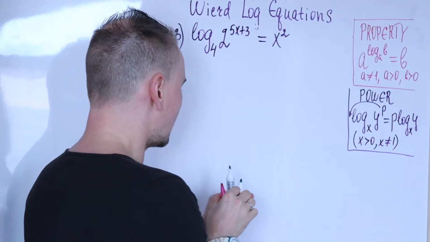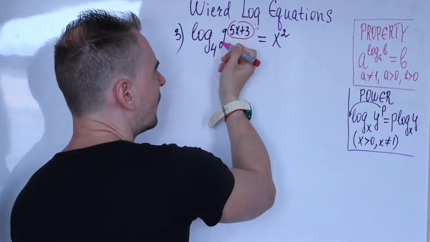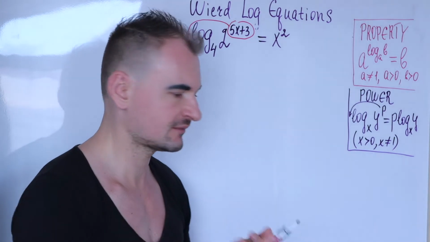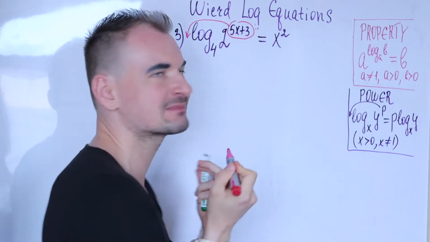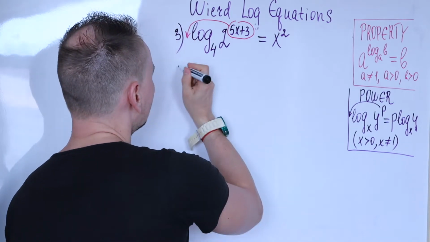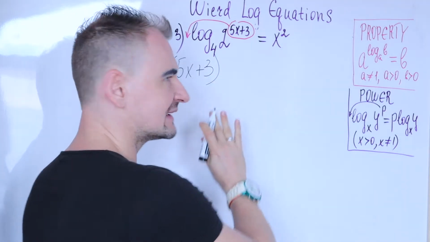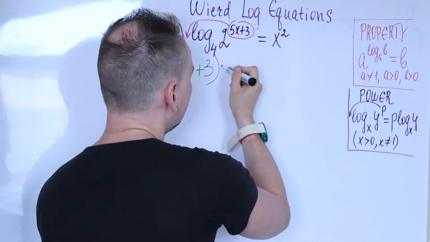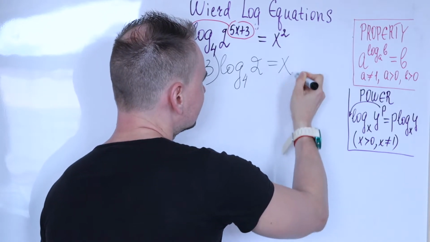Your entire power in this case is 5x plus 3, this linear expression. So drag it down in front of your log as a coefficient. Be careful, make sure you take the whole power. So it becomes 5x plus 3, and I'm going to draw the parentheses because this entire expression gets multiplied by log to the base 4 of 2. And it still equals x squared.